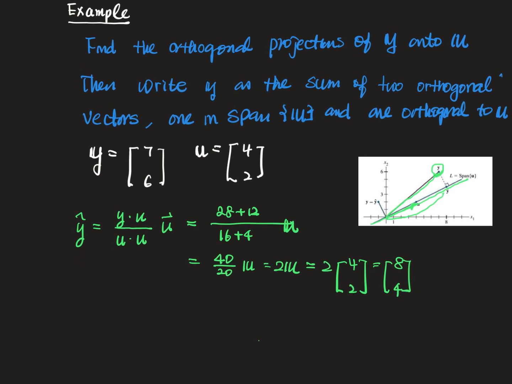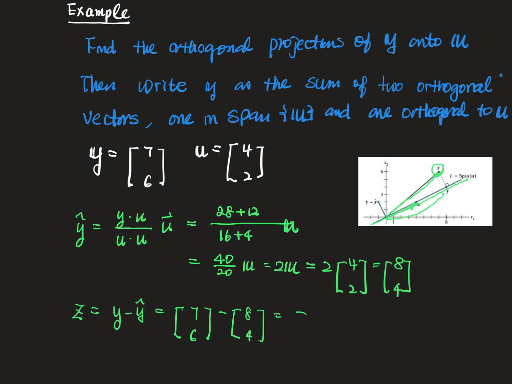So when you find the projection vector of y, then we're going to find the z vector. The z vector is orthogonal to the projection vector. That's going to be y minus y hat. So y minus y hat is 7, 6 minus 8, 4.